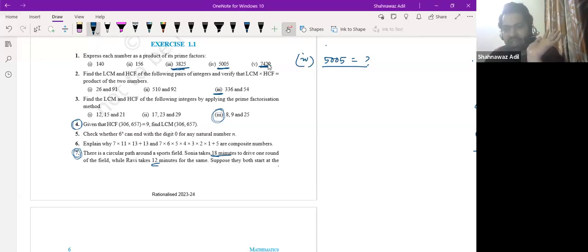Because finding out the factors would be troublesome. We have to check with 17, 21, and 37 and all that. So that would take a lot of time, right? So skip these, move on to the next ones, and whenever you have completed all your questions, then get back to this.